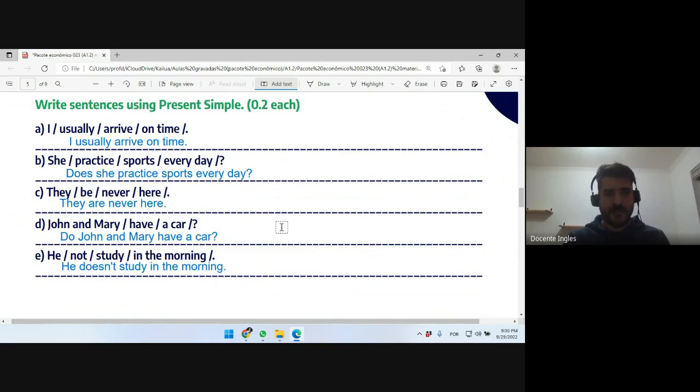Okay, so again, adverbs of frequency before the verb, except with verb to be, in this case, to be and adverb. In simple present, negative and interrogative, we use auxiliary.